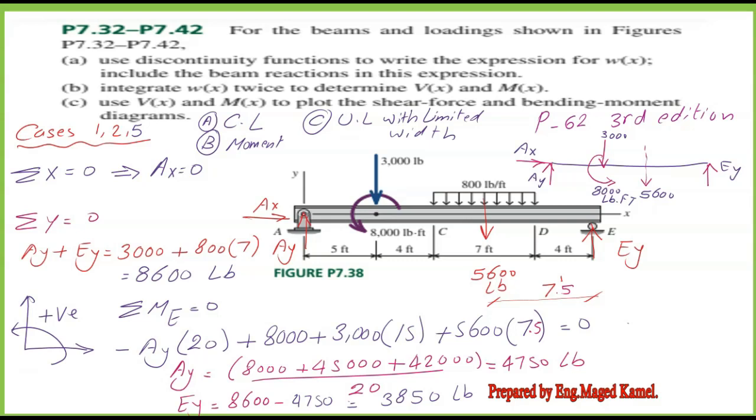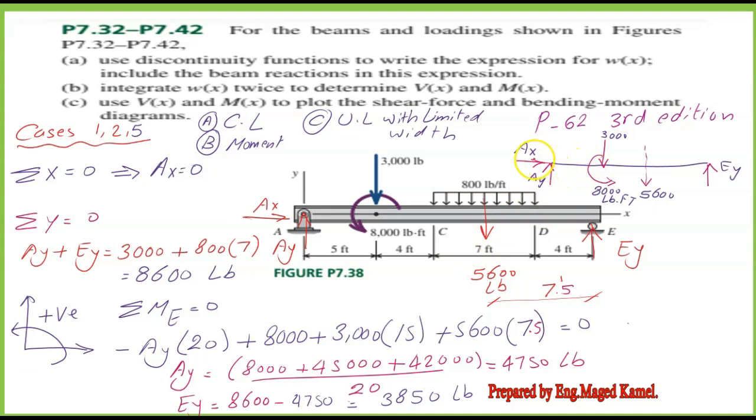First, we draw the free body diagram for the beam, which includes two reaction forces AX and AY at support A, and one upward reaction force EY at support E, which is a roller support. The total value of the uniform load is 800 multiplied by 7, which is 5,600 pounds.